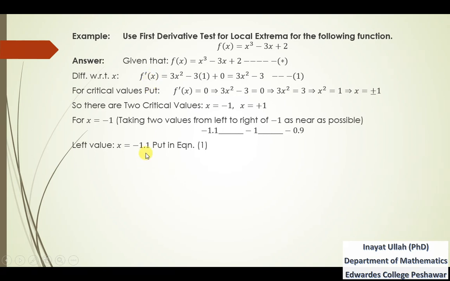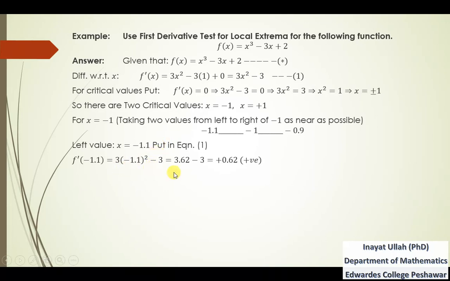So put x equal to minus 1.1 in the first derivative. That will become f prime of minus 1.1, and that will become 3 into minus 1.1 whole square minus 3.